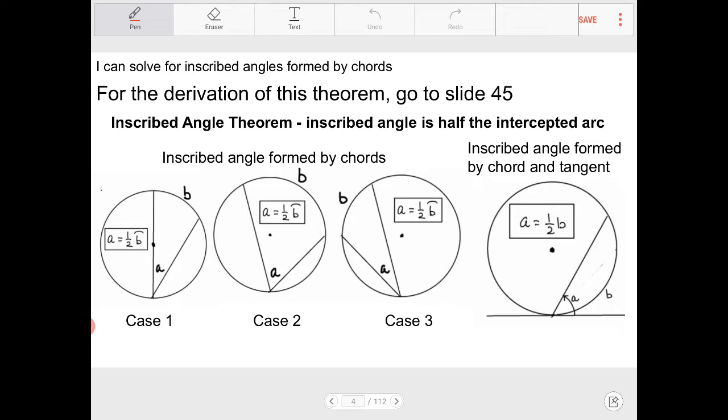The inscribed angle is half of the intercepted arc. So angle A is always equal to 1/2 of arc B. Anyway, let's get to the actual exercise.